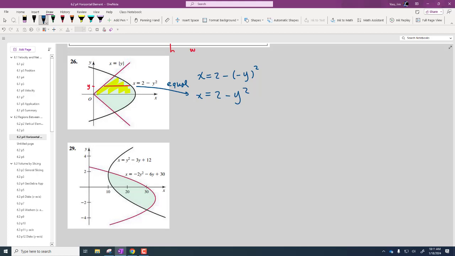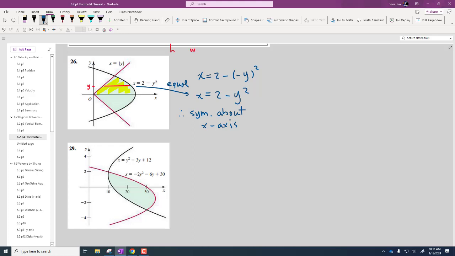Because whether you go up to y or down to negative y, you end up with the same x. So that allows us to just integrate the top half and double it.